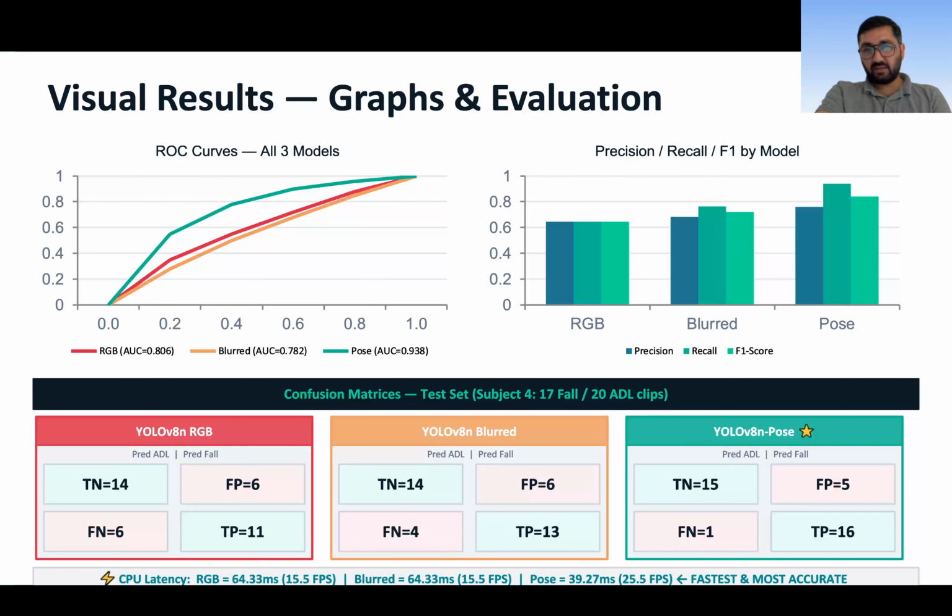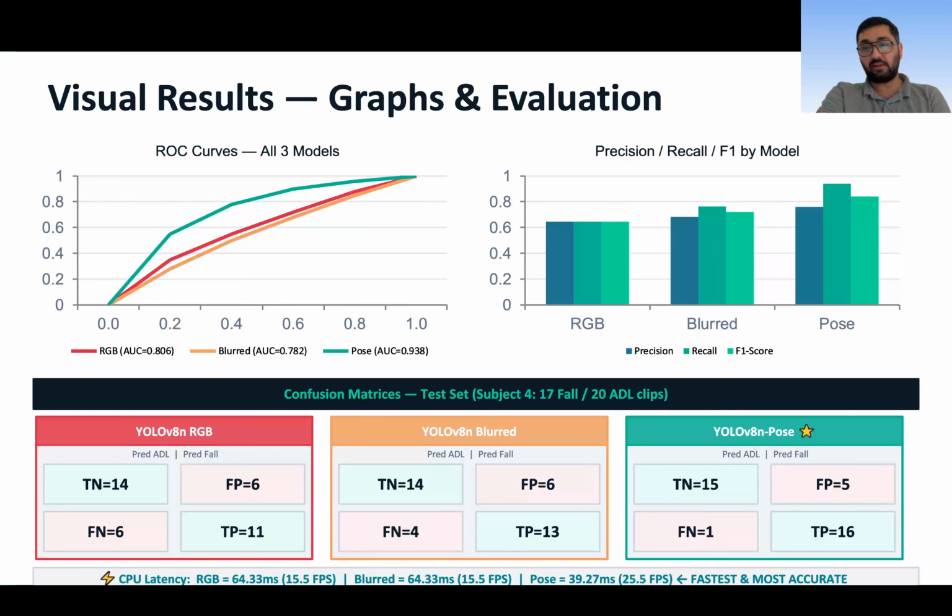The bottom section shows the confusion matrix for all three models on the test set. There are 37 clips from subject 4, 17 of which were falls and 20 were ADL. For the RGB model, 6 falls were missed, that is FN equals 6. For blurred, 4 falls were missed, but for the Pose model, only 1 fall was missed out of 17.